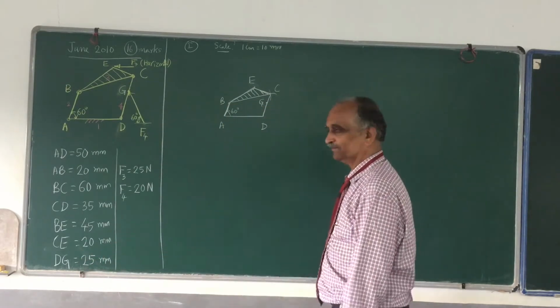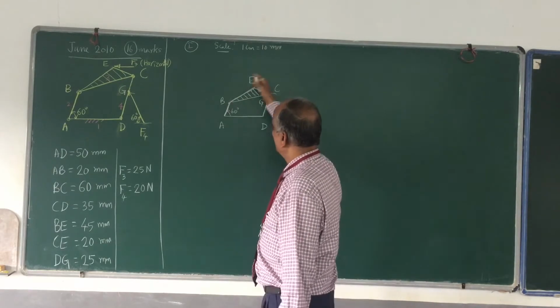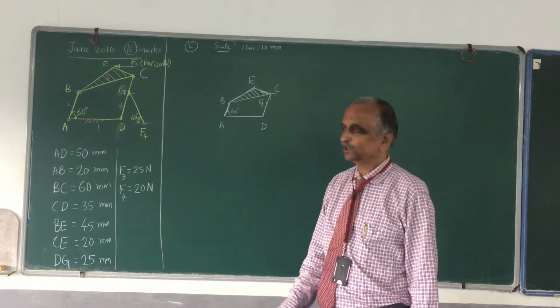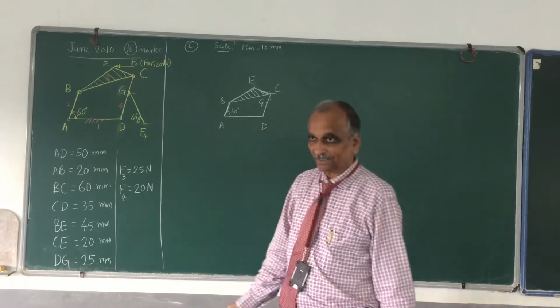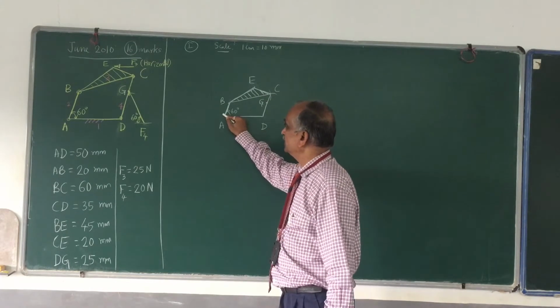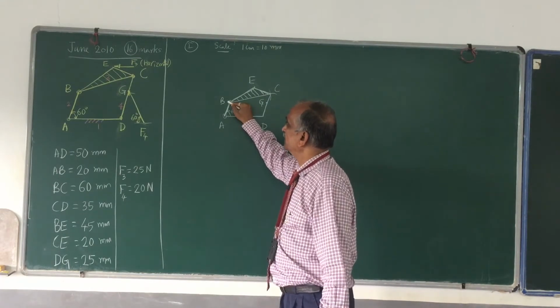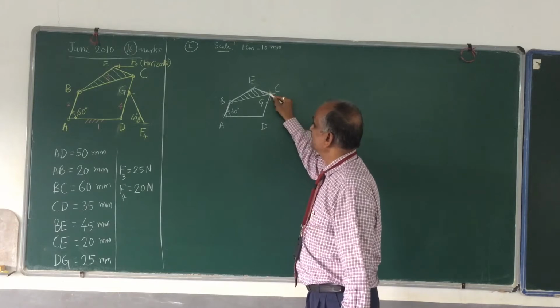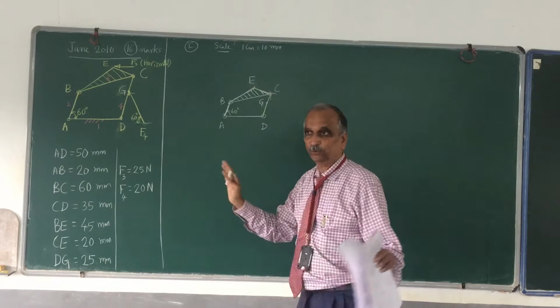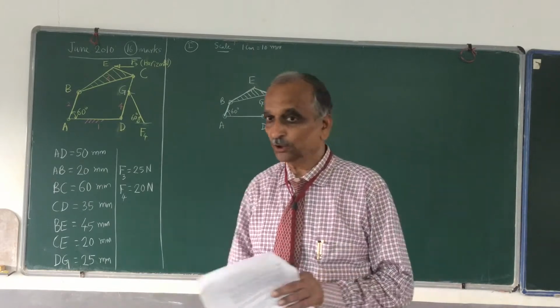Now the diagram is not indicating the mechanism. Let me convert it into a mechanism by marking the turning pairs. Here you have one, here another one, here another one, and here another one. Please remember, at E you don't have a turning pair, don't show it.